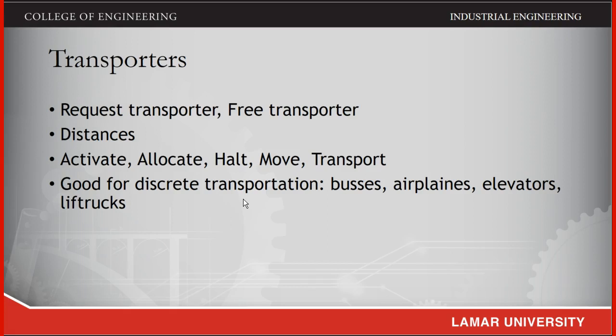So that's important, and sometimes that is not obvious, in the sense that we're thinking in terms of the flow of the product. In terms of the transporters, we need to think about all the combinations of origins and destinies in between stations.